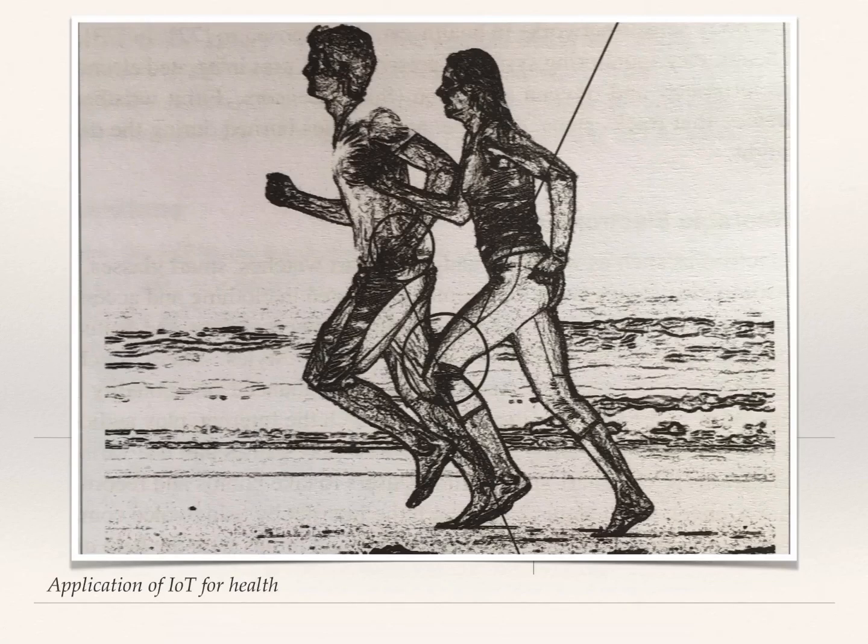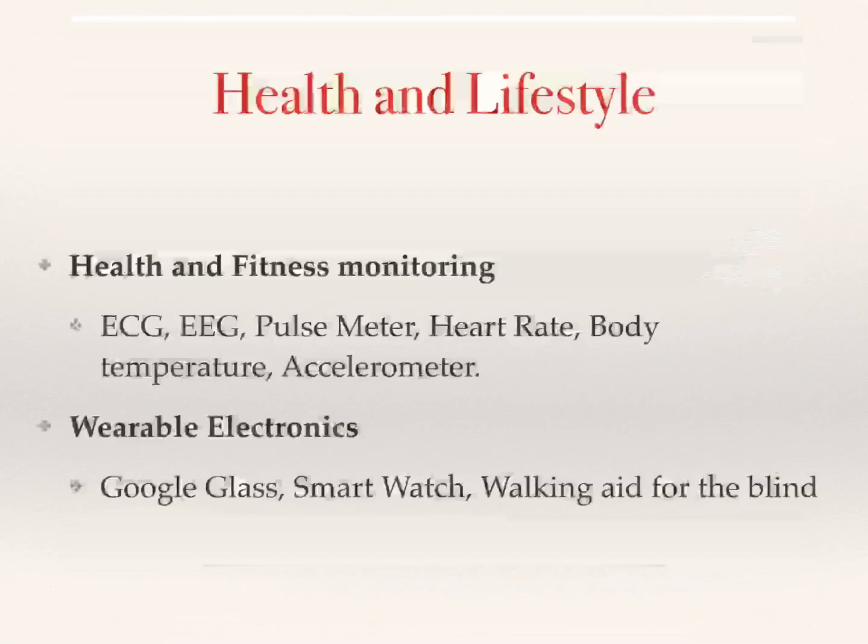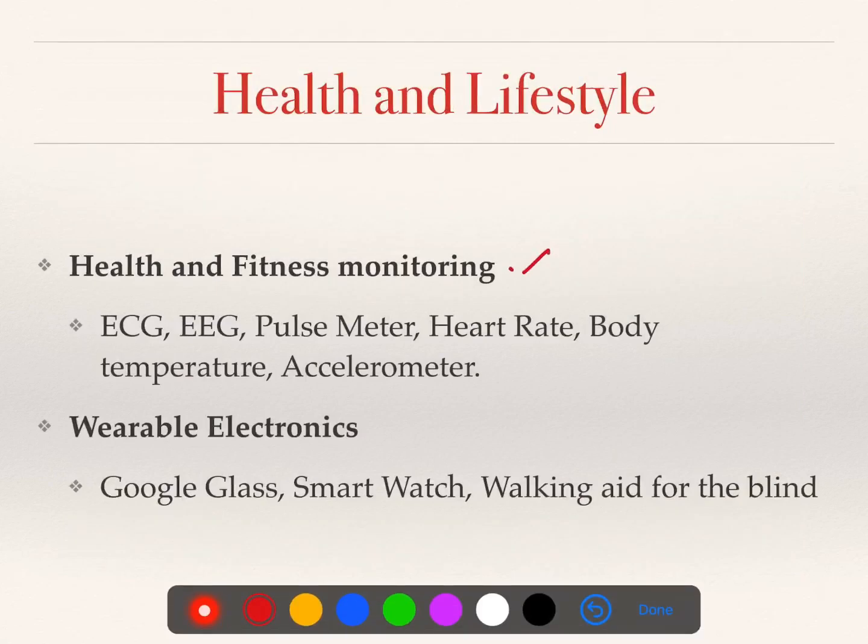So next thing is health. Health is one of the individual monitoring systems. Here we can see health and fitness monitoring. Nowadays it's very common that everyone uses some kind of sensor attached to the human body, for example heart rate, pulse meter, body temperature, accelerometer.